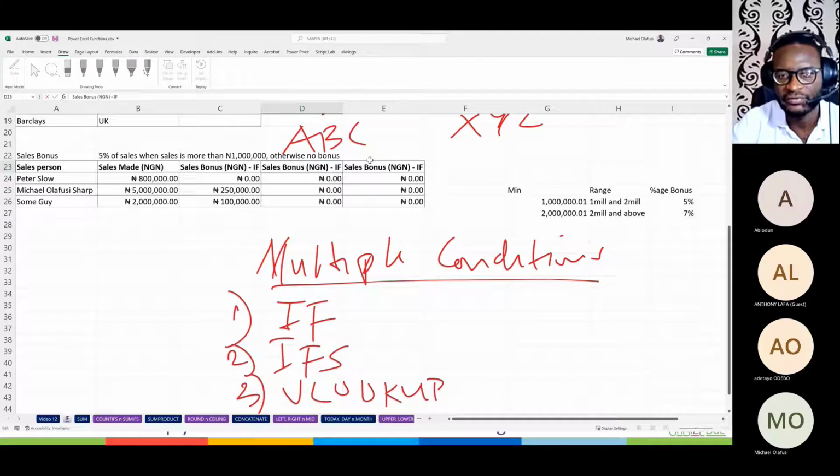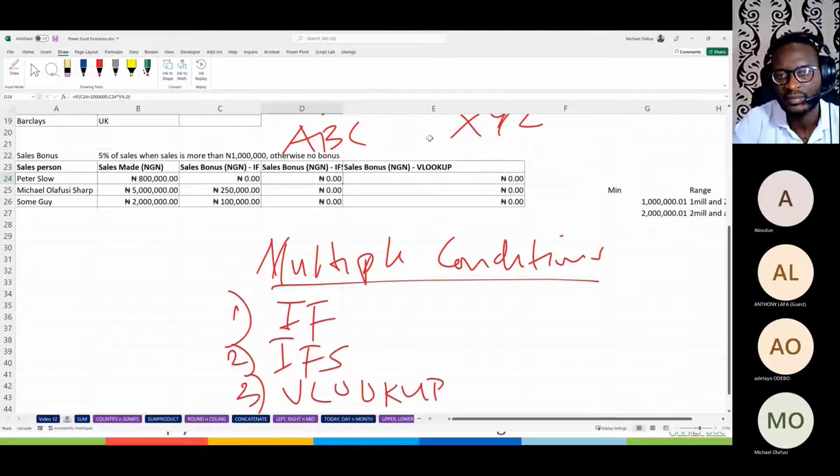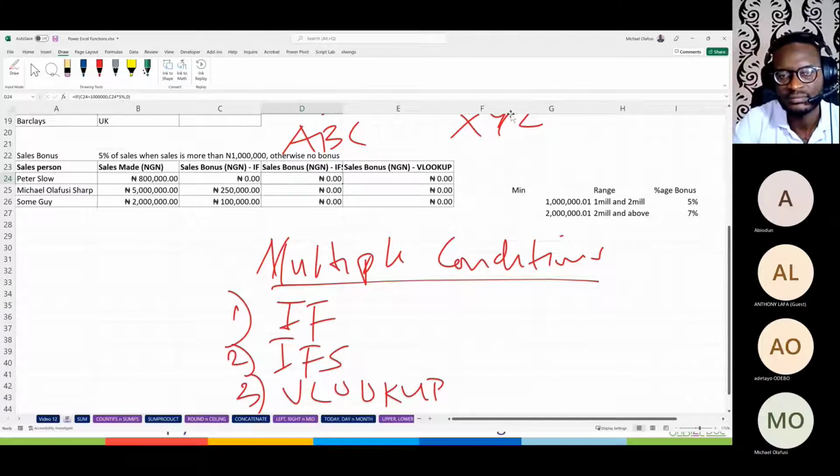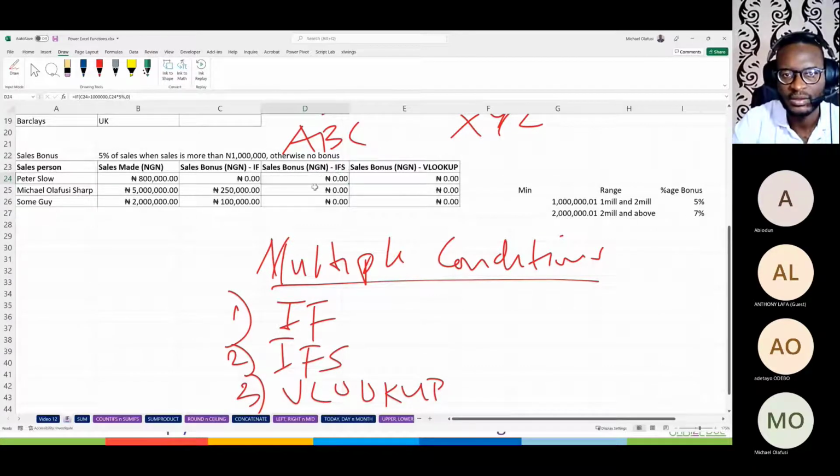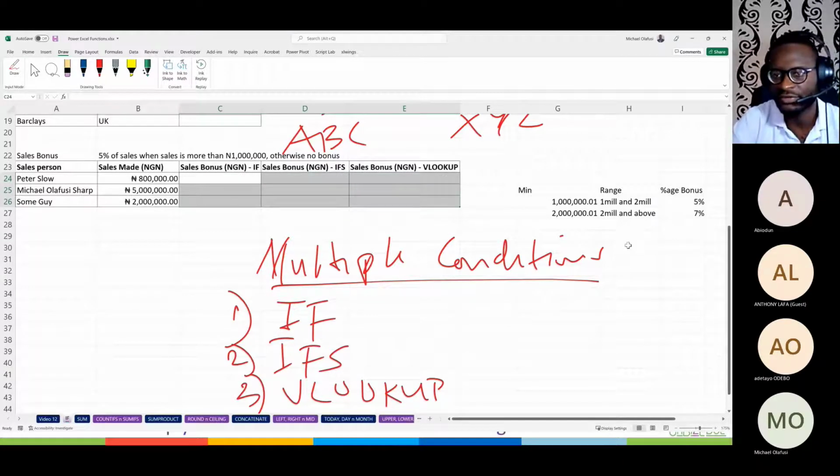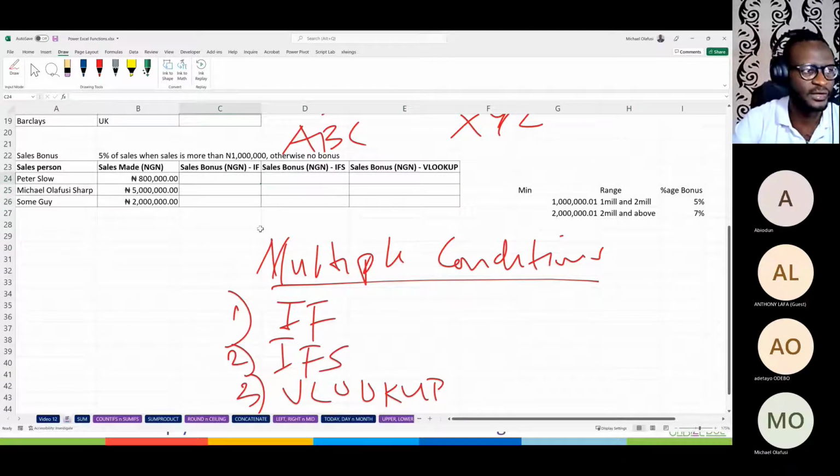This will be ifs. And this will be VLOOKUP. So let's see how we are going to capture these conditions using those 3 different formulas.